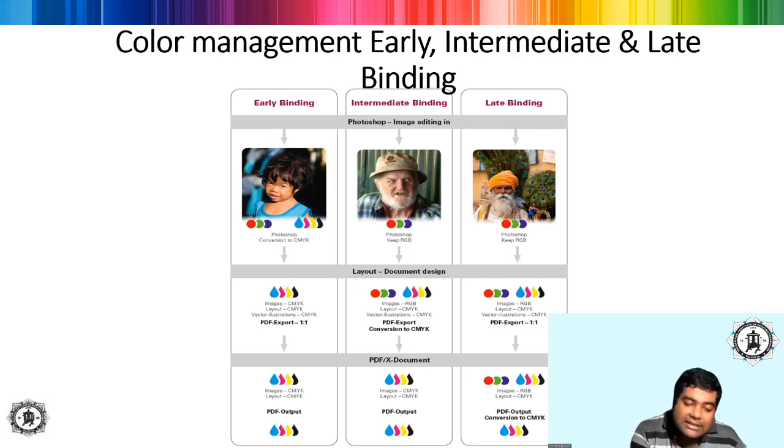So it is possible for you not to convert those media neutral RGB files in your layout software, even after or during the creation of the PDF. In the PDF that you create in this method, I'll show you all this, you will have the opportunity to keep your images in RGB mode itself.